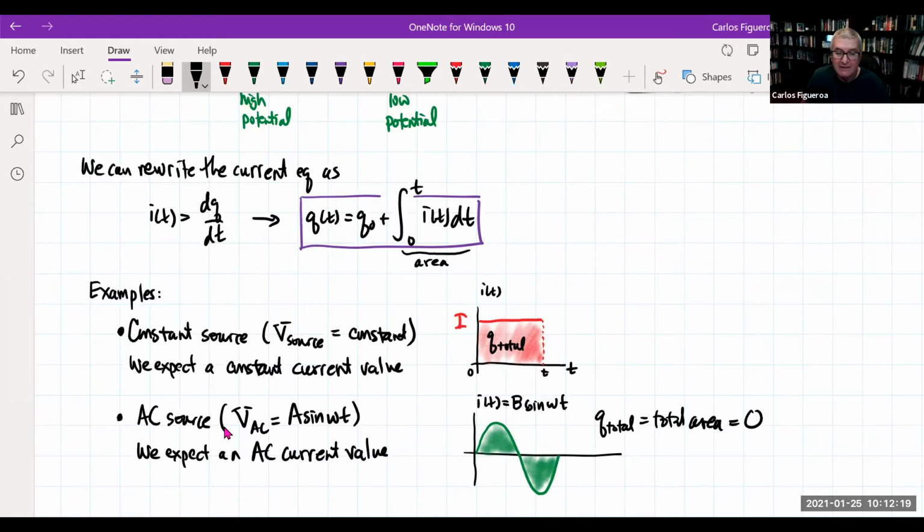If I have an AC source, like your outlet at home, and you ask how many electrons that AC source actually put into your house, the answer is, of course, 0. It got 0 because charges don't have net motion in AC sources. There are lots of ways to look at this, but that's one example of how you would look at the charge and the current.